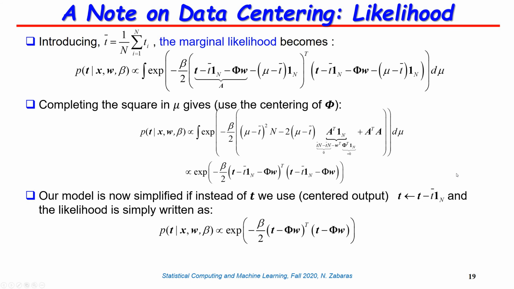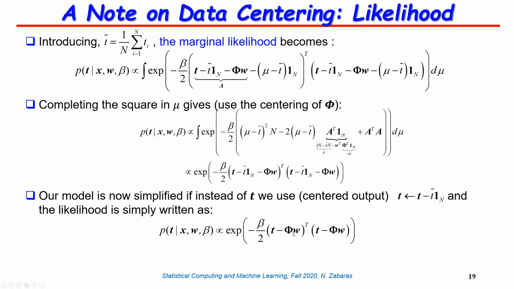You center t, so this t that you see in the equation below is really t minus the average of t's times a vector of 1s, and then you look at this problem, and it's exactly our original likelihood, which will lead directly to our well-known least squares problem. The only difference is this t that you see in the equation on the bottom is a centered t. We have subtracted the average of the target values, and this matrix phi does not involve the bias term, and it is also a centered design matrix.